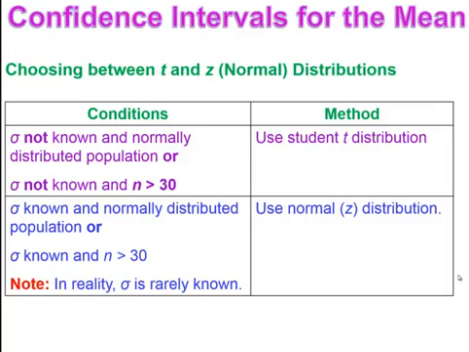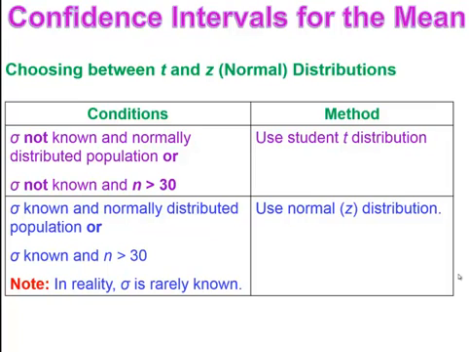So what that means is we could have a sample standard deviation and our sample size be less than 30, and we would use the t-distribution, or we have the sample standard deviation and it's greater than 30. So it might not be normally distributed, but our sample size is greater than 30. Otherwise, we would be using the z-distribution.